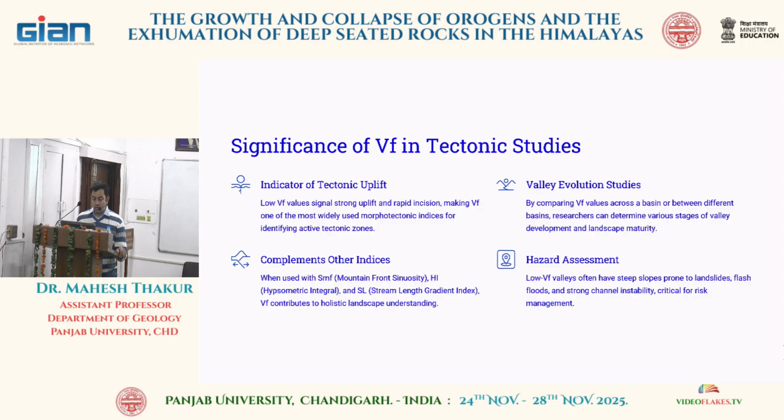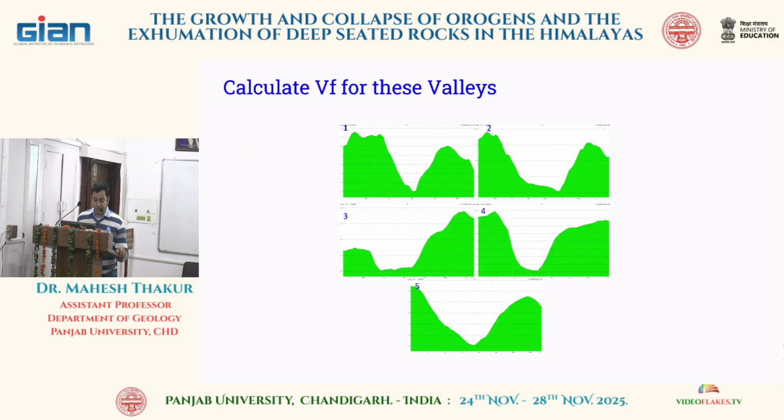Okay. So now you are given these problems, and you need to calculate the VF for these valleys. If you have a digital elevation model, using software, you can take a slice of elevation and extract the elevation values from the digital elevation model where you want to check the valley floor width ratio VF.